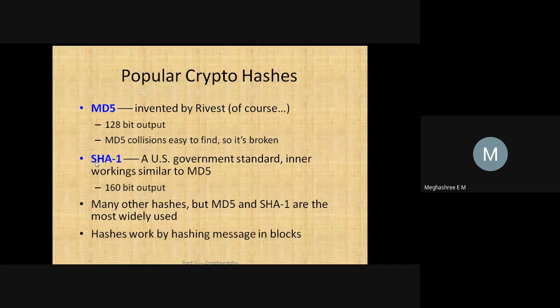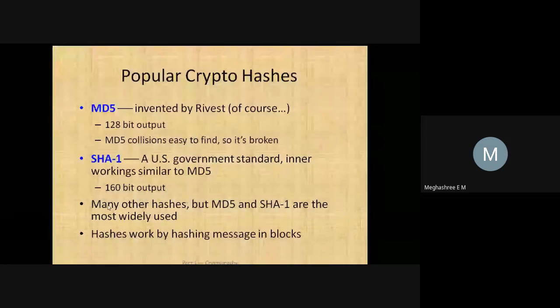SHA stands for Secure Hash Function 1, and it was used in the US government. You can see the output of MD5 is 128-bit, whereas here it is 160-bit output.